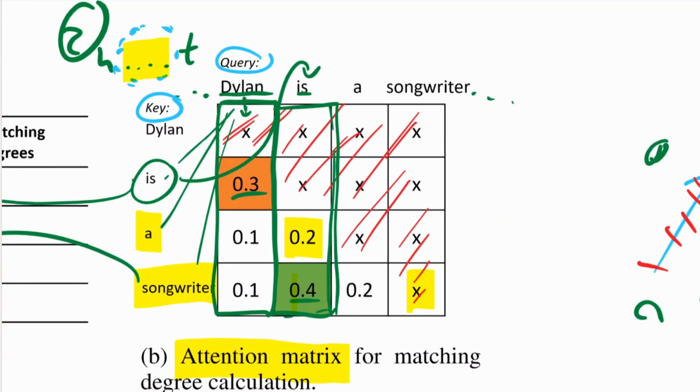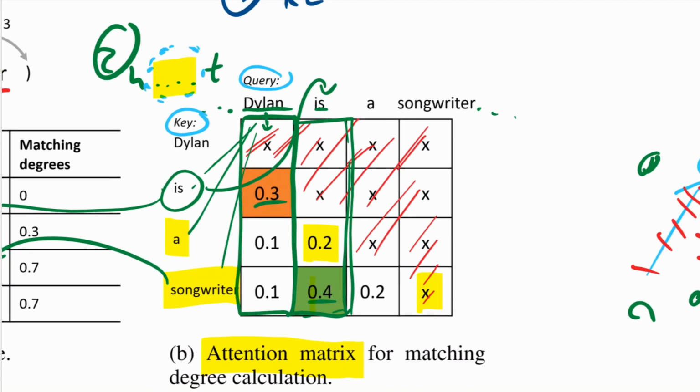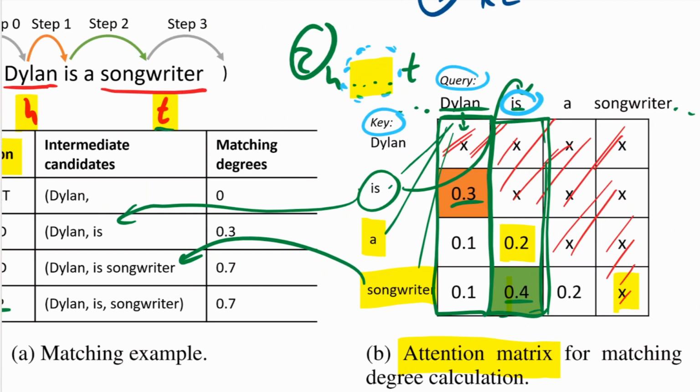In that case, when we want to interpret the algorithm, the way they write it down is, if I am at a particular part of what I think is the relation between the two entities, how am I going to find whether or not there is more to the relation, right?